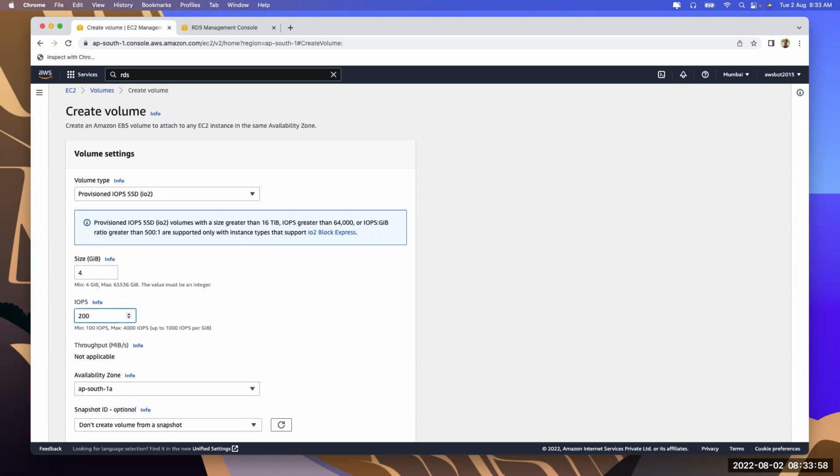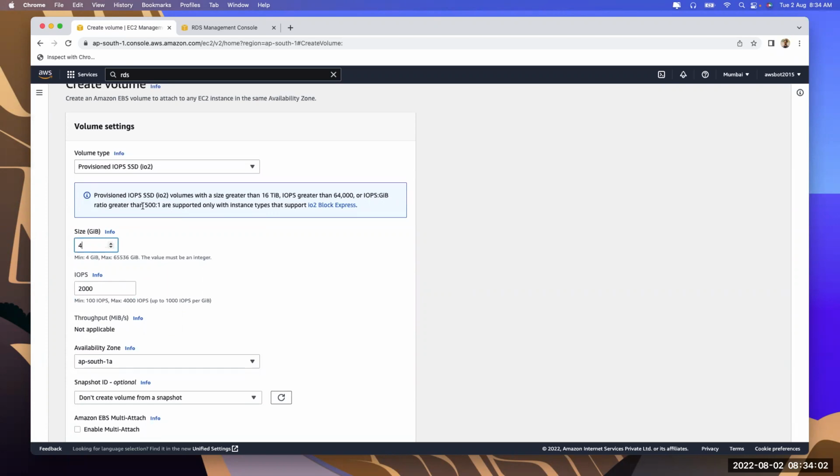Even if you want to go more, AWS will always allow you. But remember, the ratio generally is supported with IO2, and the ratio is 1 is to 500. So for each 1 GB of storage, you can have 500 IOPS. These are very expensive volume types, and they are not used also for that reason.